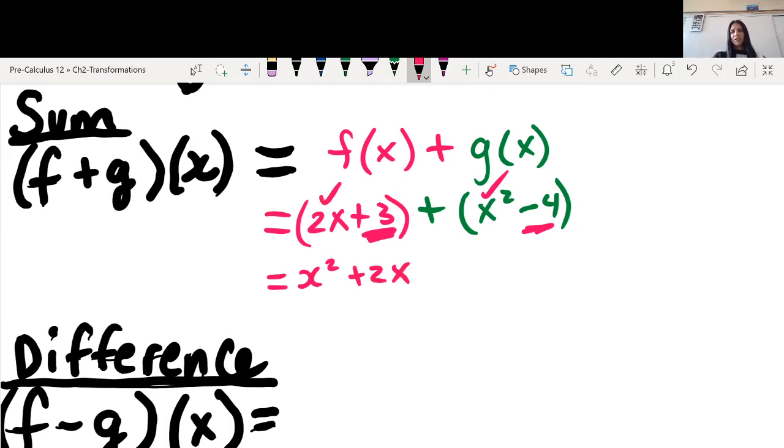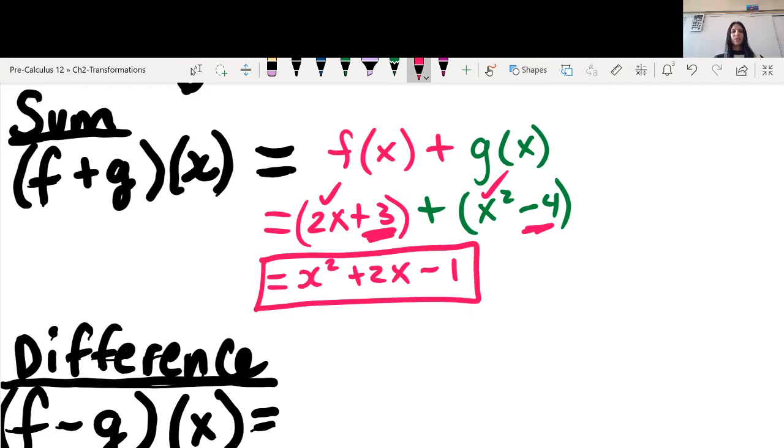Good habit to get into, to just keep track of what you have going on, because we're going to have lots of things going on as we move on in this course. And then we have 3 minus 4, so we end up with minus 1. And there's our end result. There's nothing else we can simplify. So f plus g of x ends up simplifying to this thing in the box.